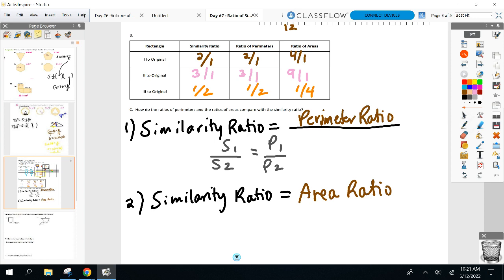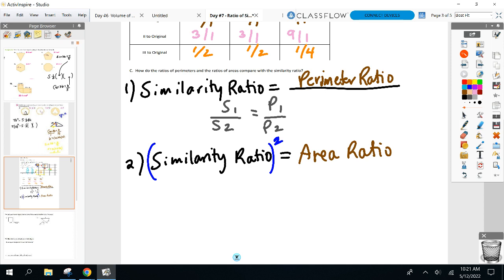Zach, what do I need to do? The area ratio is similar to the similarity ratio squared. Okay, I need to take my similarity ratio and square it. Not double it, because if you double 3, you get 6, not 9. You square the similarity ratio to get to the area ratio.